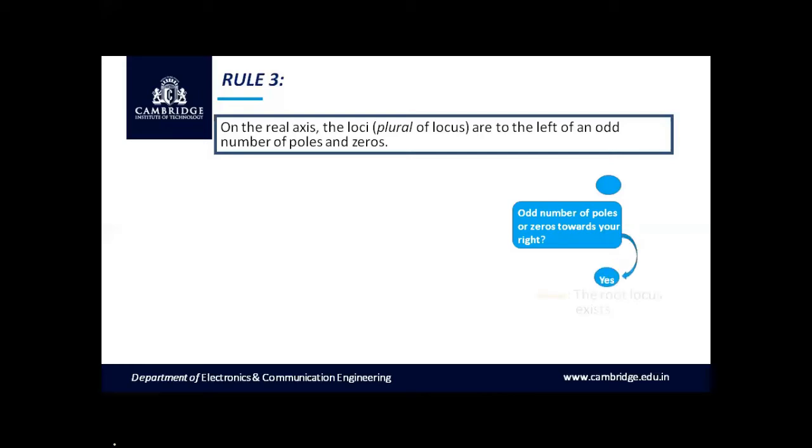If it is yes, then the root locus exists to the left of an odd number of poles and zeros. If it is no, then root locus does not exist. Let us take a few examples and justify this.